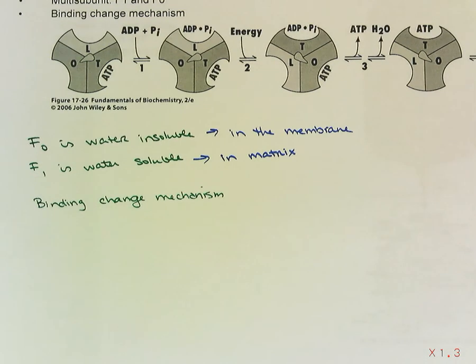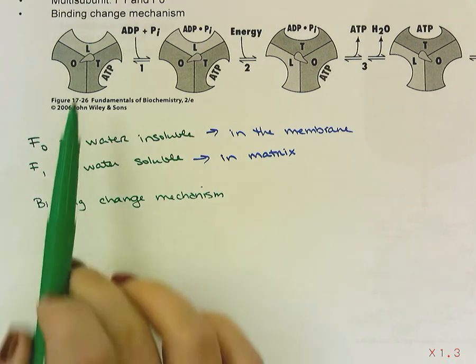All right, so binding change mechanism means that as something binds to the enzyme, it's going to physically change its shape to change where the active site is, or change the shape of the active site.